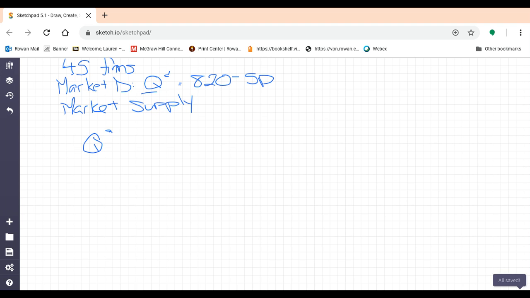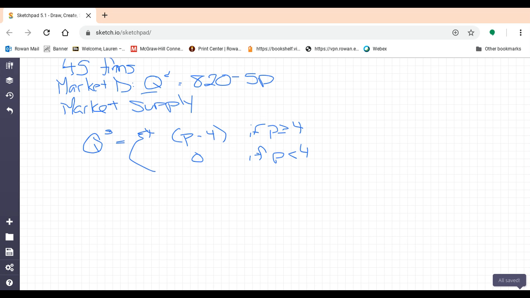This is the supply curve, big QS. And remember, it was p minus 4 whenever price was greater than 4, 0 if price was less than 4.